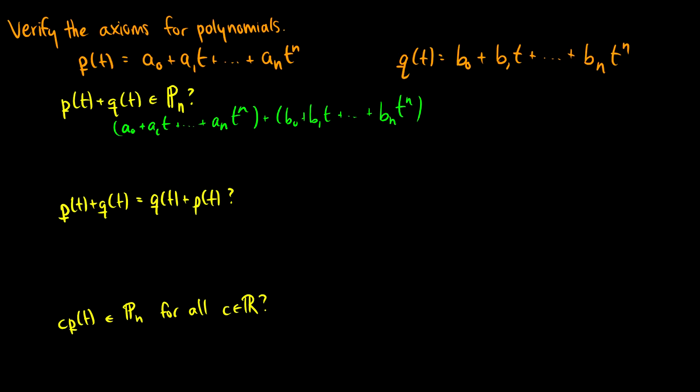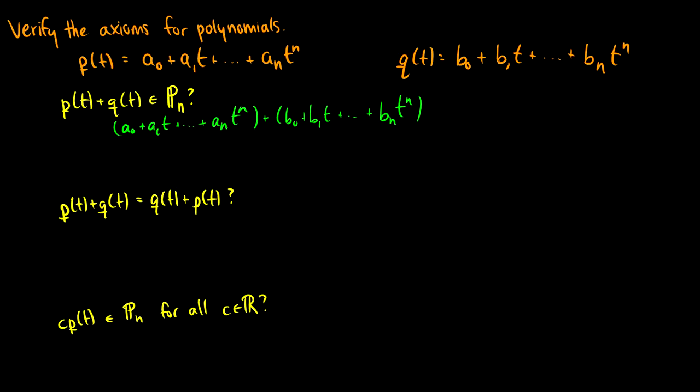So we could add a 4-degree polynomial with a 7-degree polynomial, and their end result would be a 7th-degree polynomial. You do have to make sure that if you're working in 7-degree polynomials, you are in P7. This is Pn specifically, so this has to be less than or equal to that n.